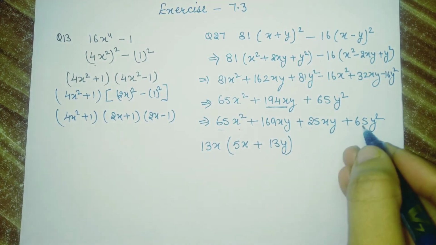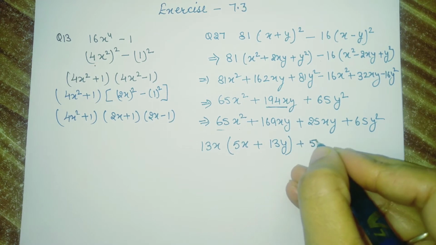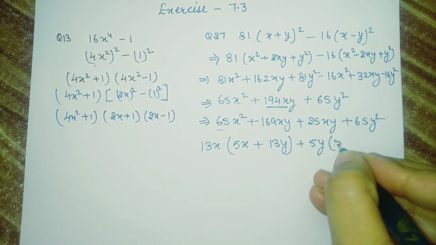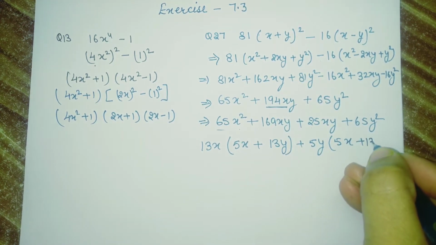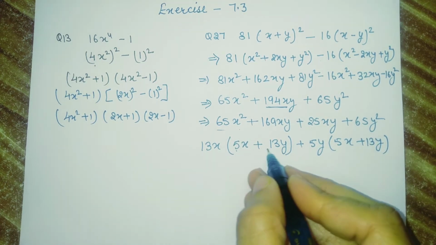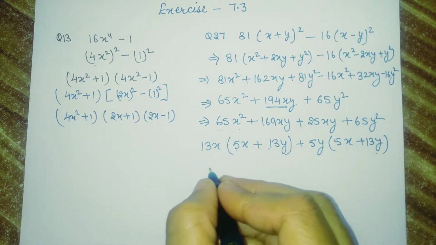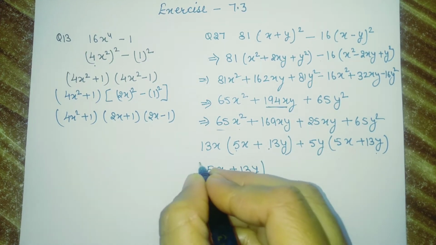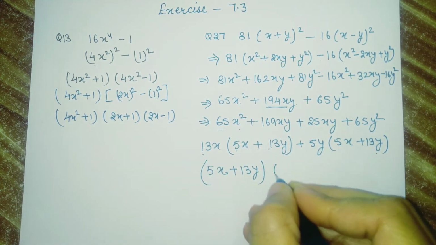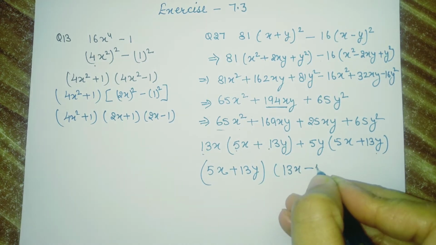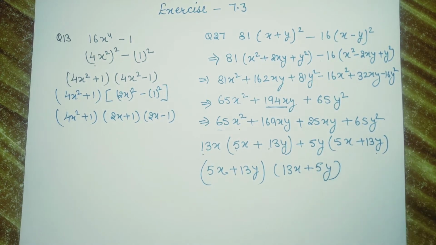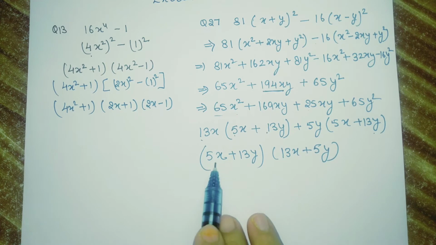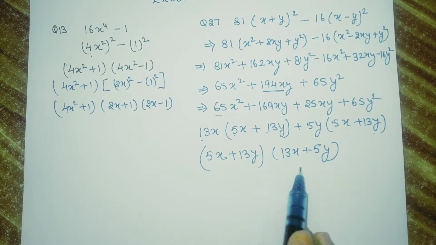Similarly from here 5y can be taken out, leaving 5x plus 13y. Now 5x plus 13y is common in both, so we take it out as common, and 13x plus 5y remains. Now we have factorised this: (5x plus 13y) and (13x plus 5y).